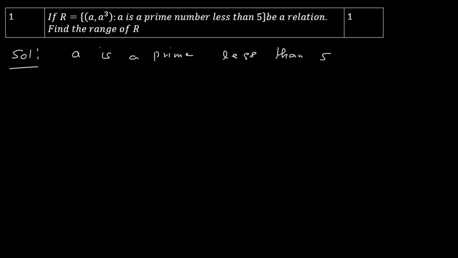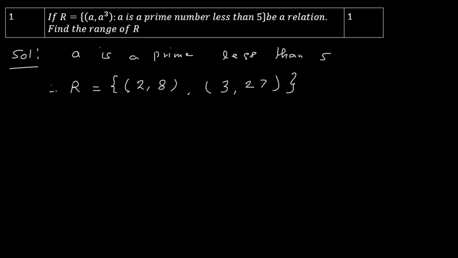Therefore our relation we can define as (2, a cube is 8), and the next prime number is 3, so (3, 27). So the relation (a, a cube) can be redefined as {(2, 8), (3, 27)}.